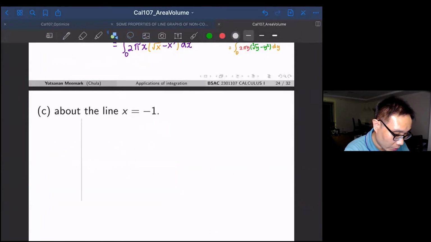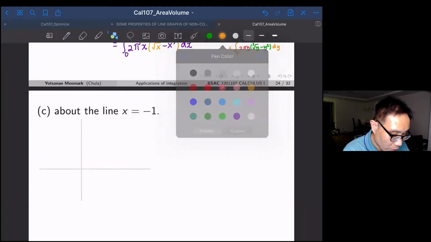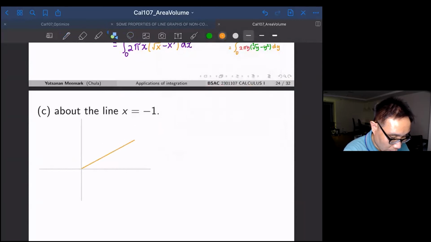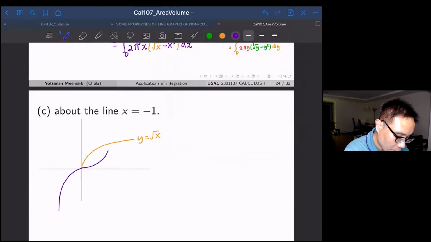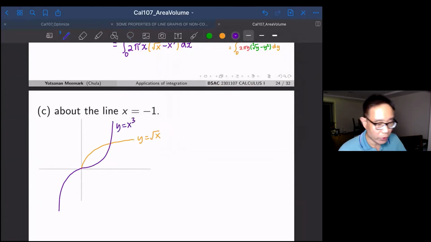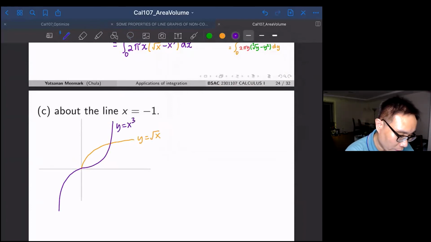So you have y equal to root x, and you have y equal to x cubed. So this one is the pink region.